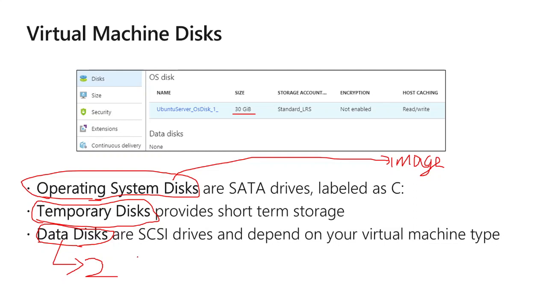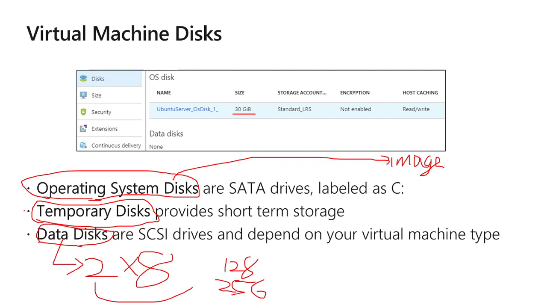If it supports a count of eight data disks, you can go for eight data disks, right? The sizing of data disks can vary. The first disk could be 128 GB, the second disk could be 256 GB, the third disk could be 512 GB, it doesn't matter. It will vary as per your requirement, right?